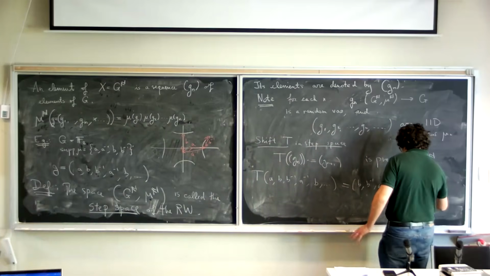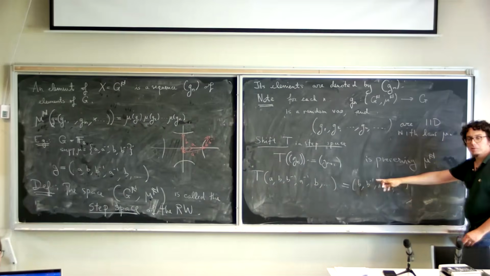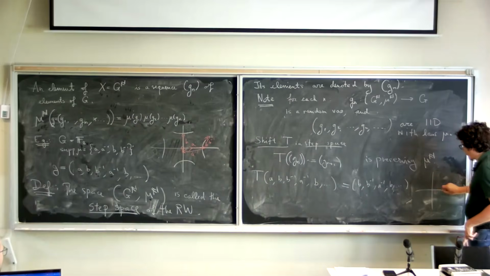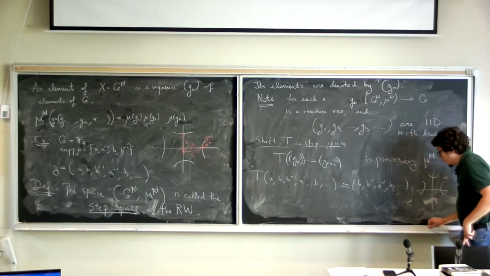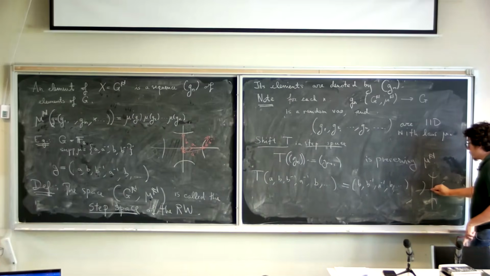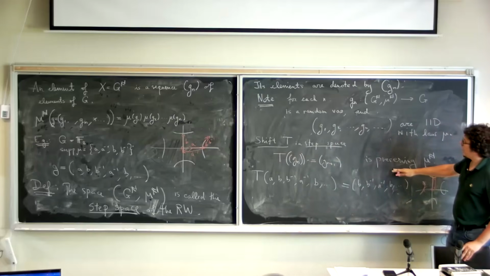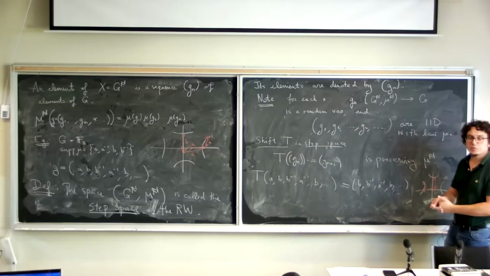It's complicated what it does geometrically, because this would correspond to B inverse, A inverse, B. It's a completely different path. The good thing about this T is that it's measure preserving.